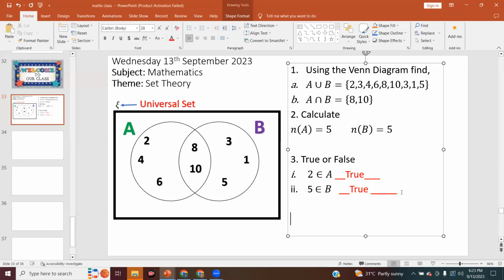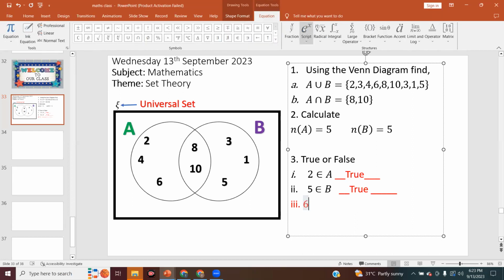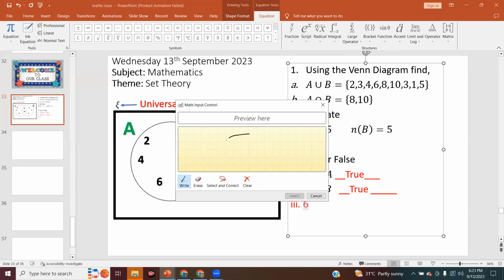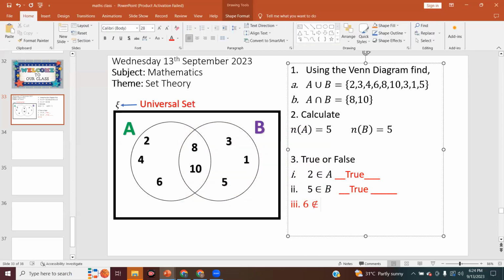How about this one? Triple I. Let's say 6 is not an element of A. All right.